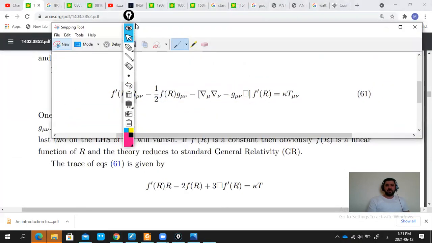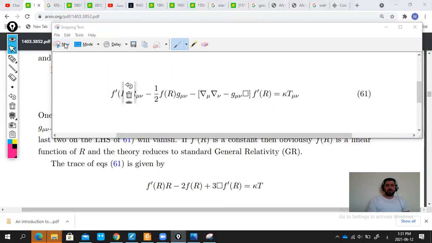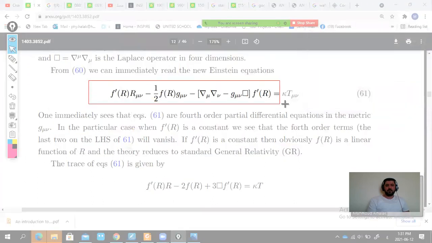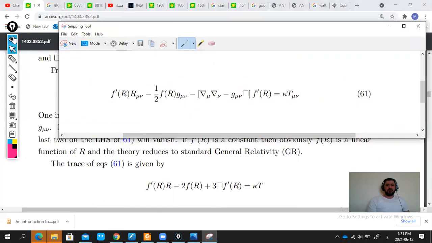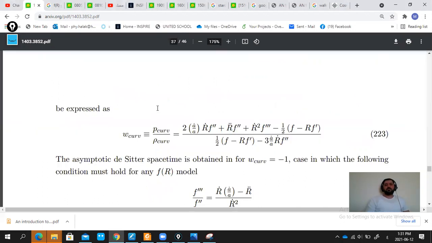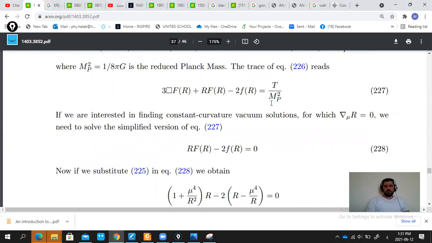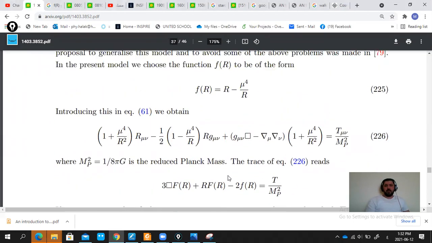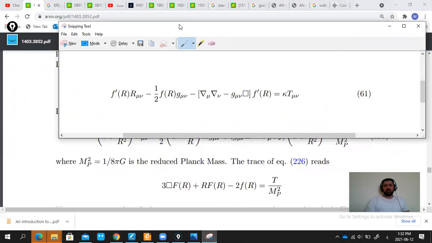So this is the equation of 61. Let's go now to page 37. Okay, and this is the equation here.